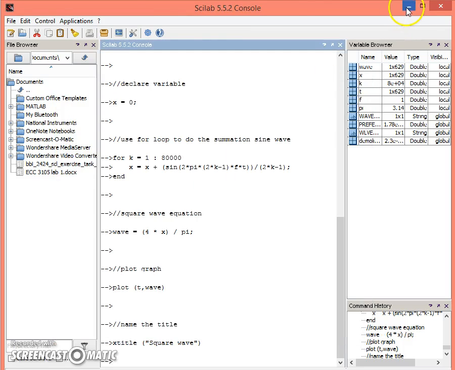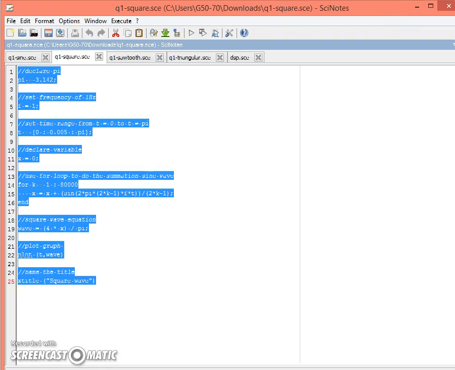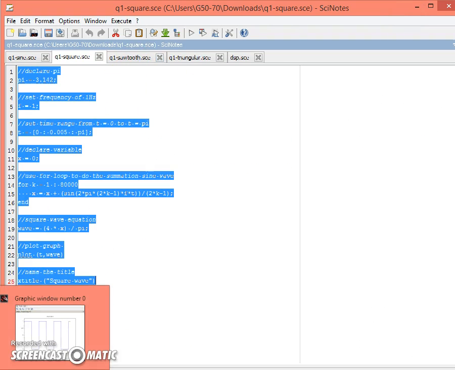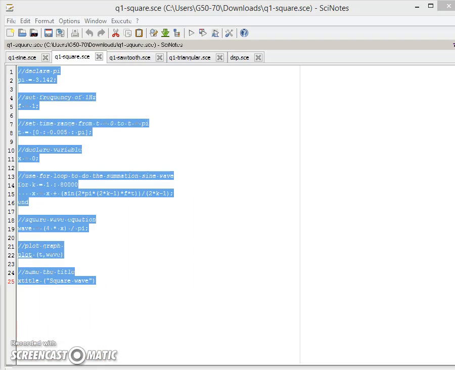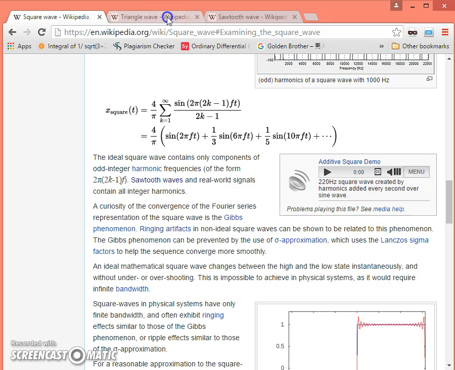And next we're going to explain about the triangle wave, which we also find on Wikipedia.